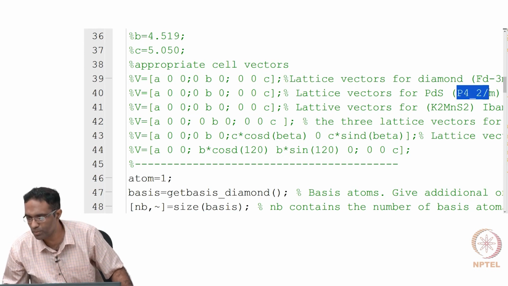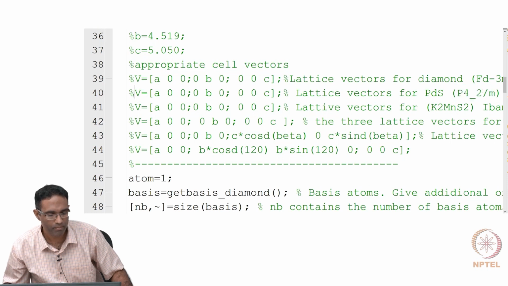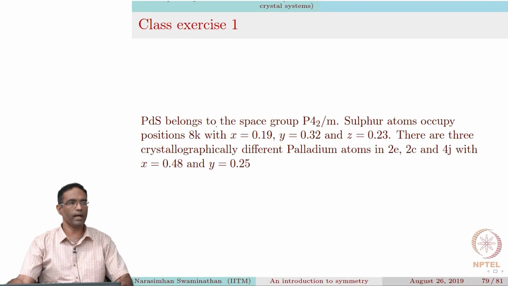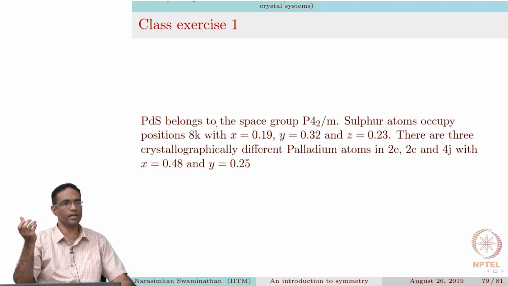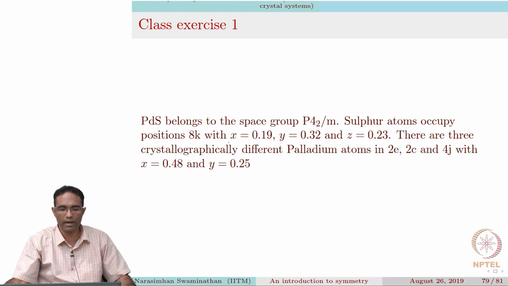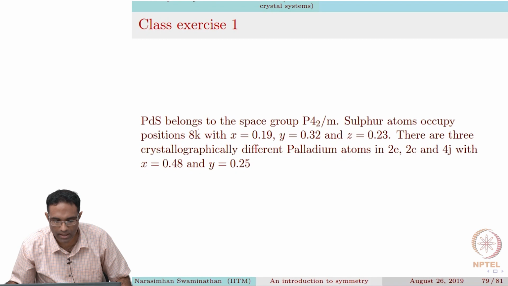This is the space group for palladium sulfide, and like what we discussed yesterday, P4_2 means it's basically a tetragonal unit cell, and there are sulfur atoms which occupy 8k positions with xS 0.19, yS 0.32 and zS 0.23, and there are 3 crystallographically different palladium atoms at 2e, 2c and 4j positions.